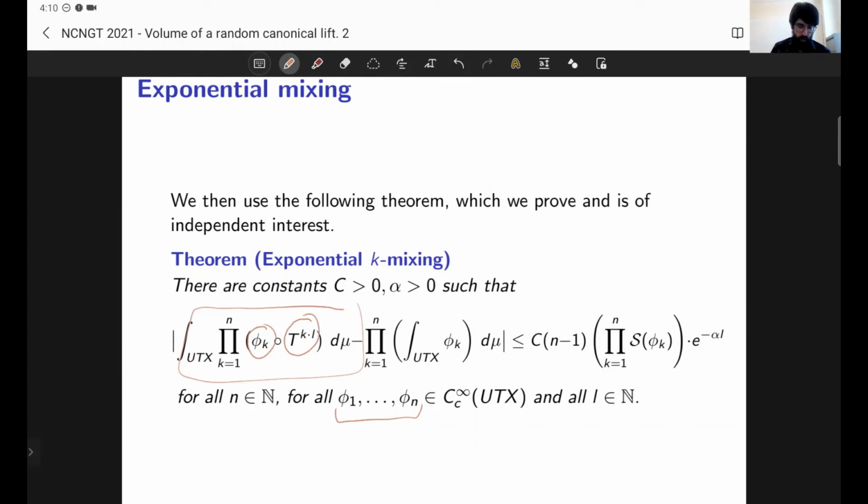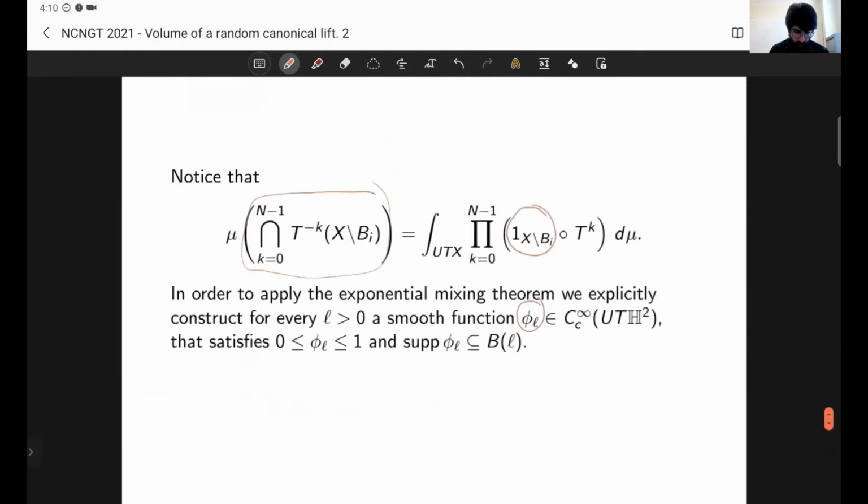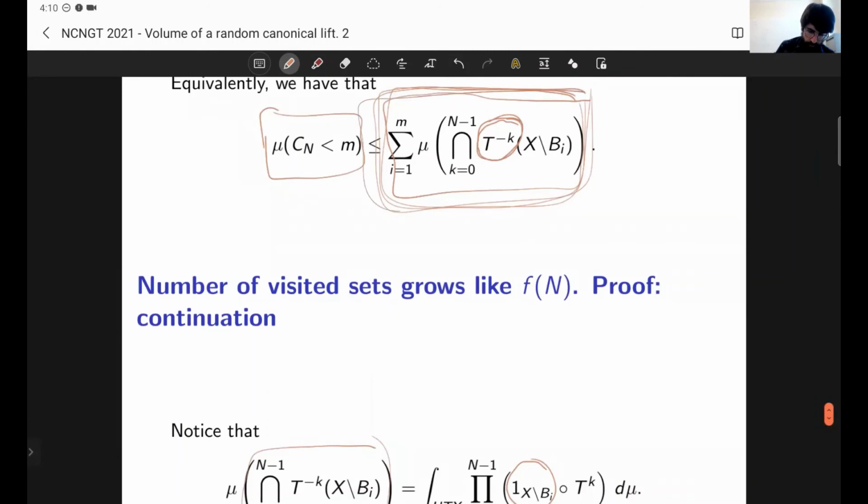So you're precomposing these bump functions with iterates of the unit time flow map, which is what is happening here in the term that we want to estimate.